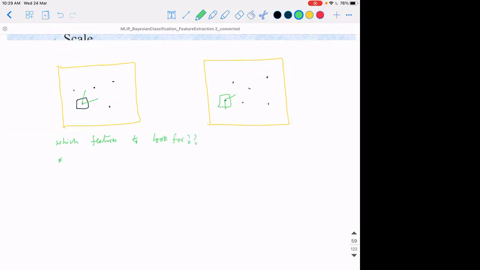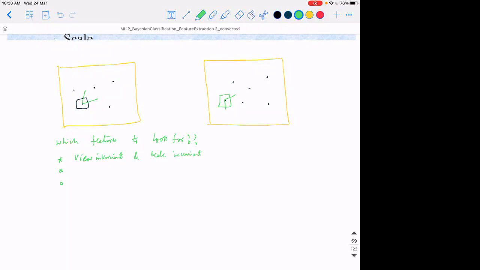Can a few of you give some answers? The feature should be view invariant. And what else? What are the desirable properties of these features? Scale invariant.